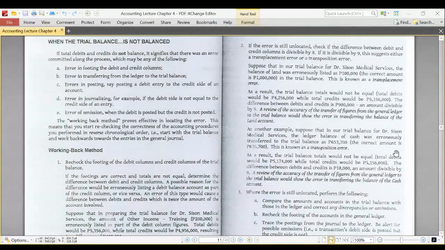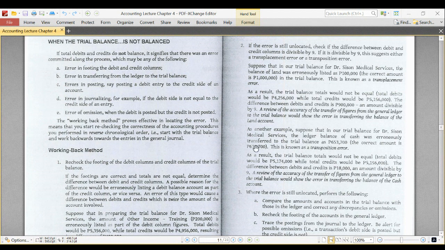Example, here, cash was erroneously transferred to the trial balance as 653,700 instead of 635,700. So, nagkaroon sila ng interchange. 635, 653. As a result, the trial balance totals would not be equal. So, pag yung difference daw between debits and credits ay divisible din by 9, then there might also be a transposition error.